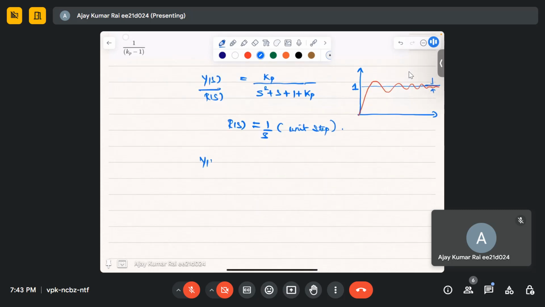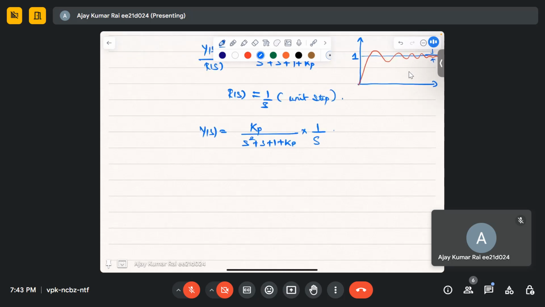Y of s, which we want to find out, is equal to Kp by s square plus s plus 1 plus Kp, into 1 by s, and we want to find the steady state value of y. So use the final value theorem. As s tends to 0, s into Kp by s square plus s plus 1 plus Kp into 1 by s.